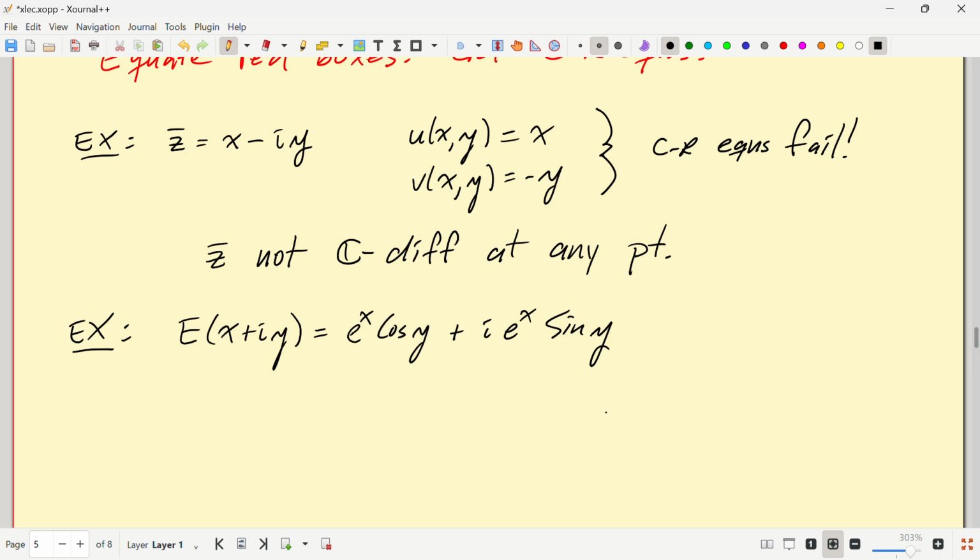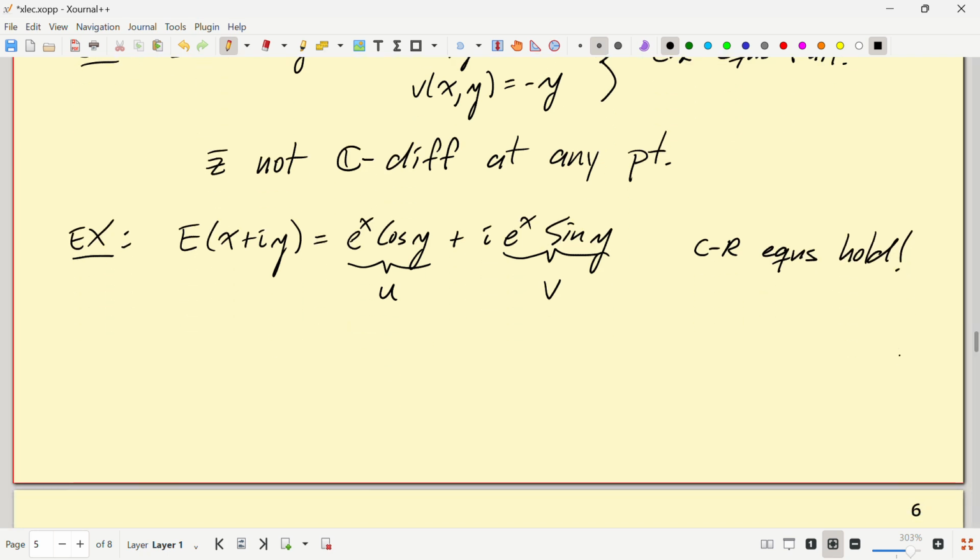So there's the u and the v right there. And it's an easy matter to check that the Cauchy-Riemann equations hold. So it's an obvious question to ask, is the exponential analytic?